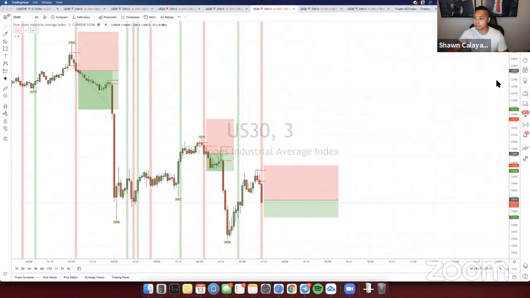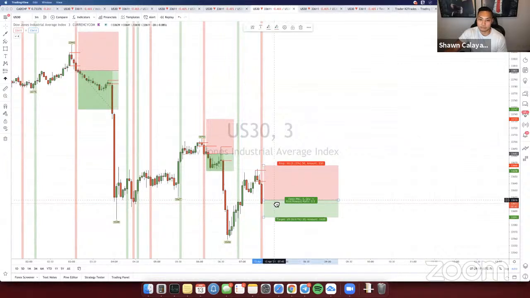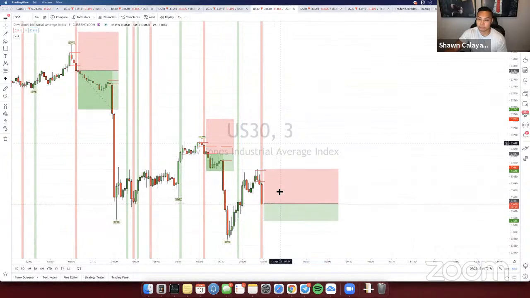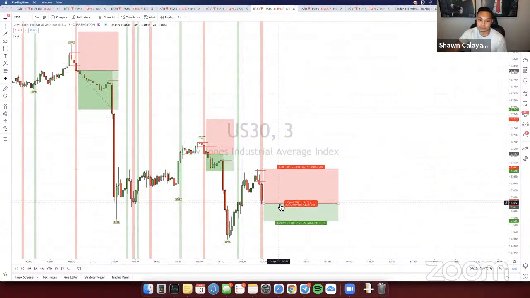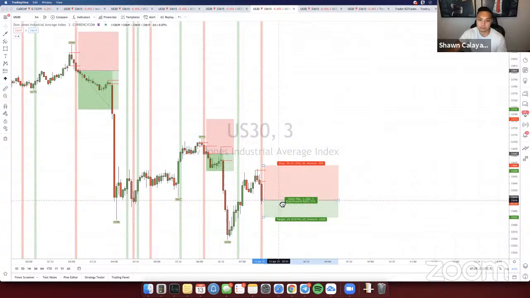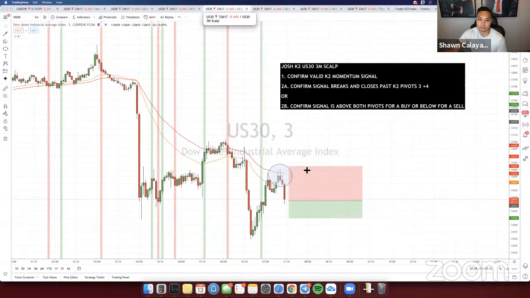All right, we got 1 minute left on this candle. All right, we got 40 seconds left. We got 30 seconds left. So once we got this set up, I will give you guys the parameters, and then we'll see what's good from here.